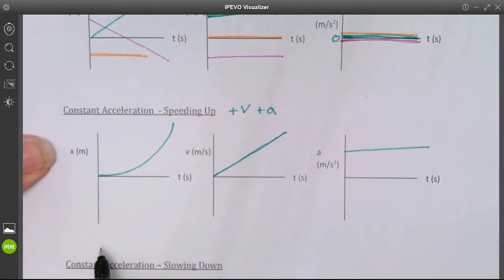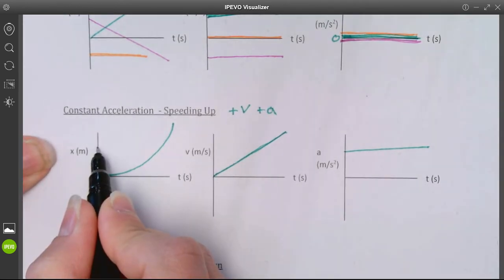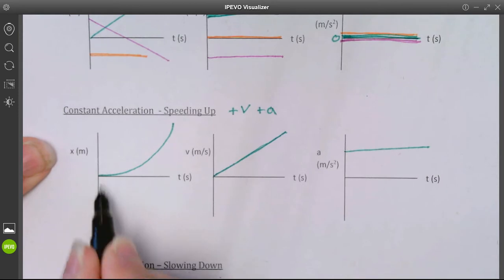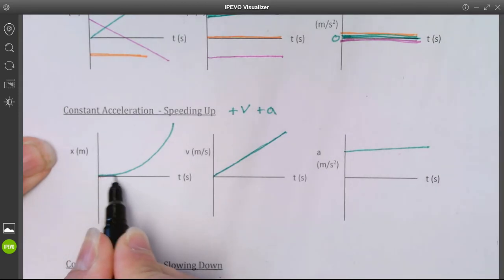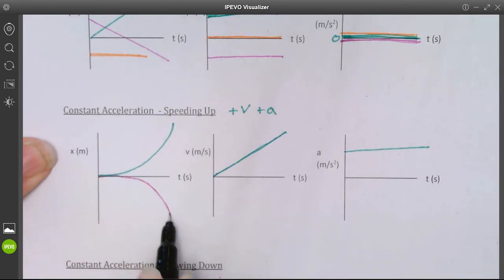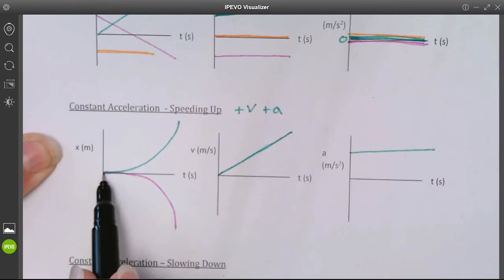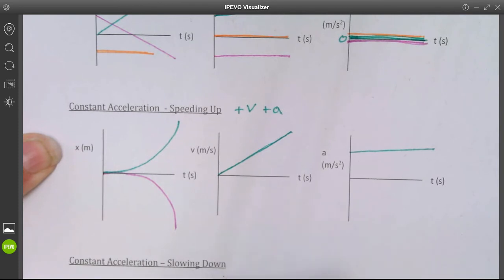Let's look at what happens if we're speeding up in the negative direction. We could be starting anywhere on this graph. I could be starting at positive x, 0, negative x. It doesn't really matter. I'm just going to start from 0 to make it look kind of nice and symmetrical. So you'll notice this graph is also showing motion that is speeding up, but we're moving in the negative direction. So we're heading down that y-axis.